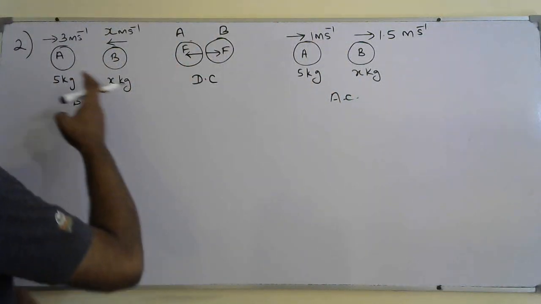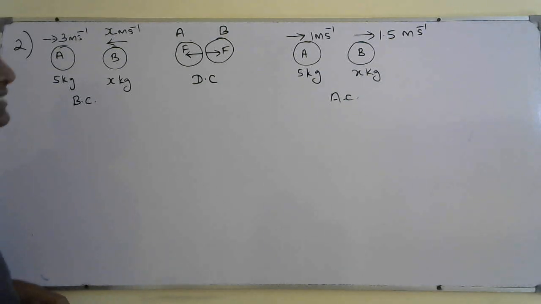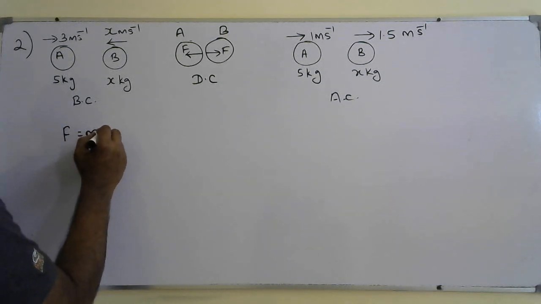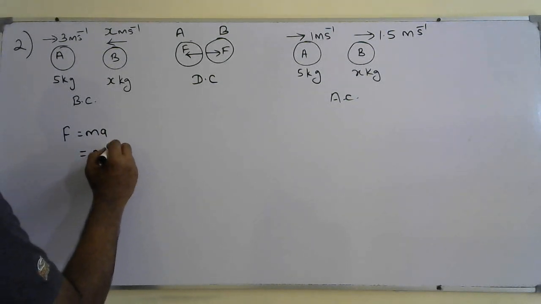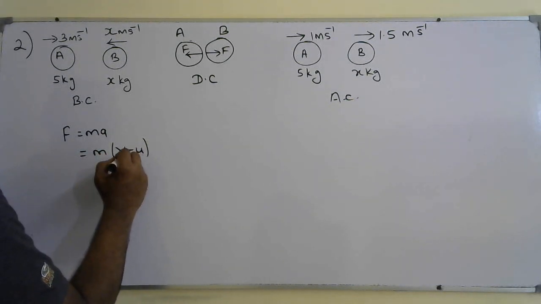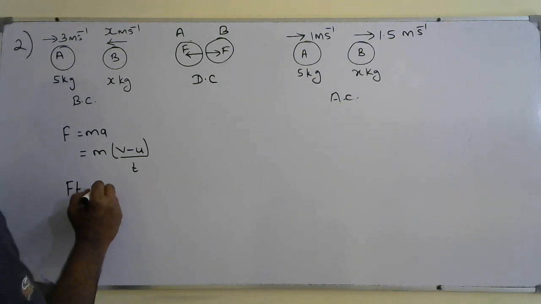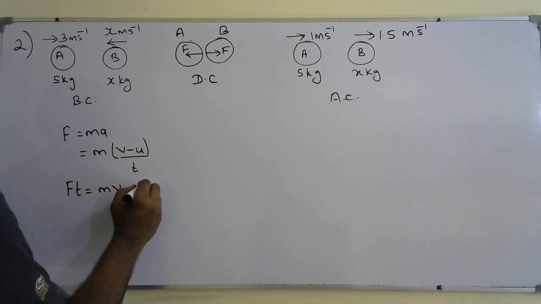The reason for the change in velocity is the force. If I think about Newton's second law, F equals ma, that is m into acceleration, which in general format is (v minus u) over t. Multiply by t: Ft equals mv minus mu.